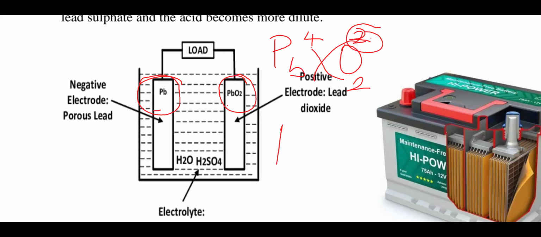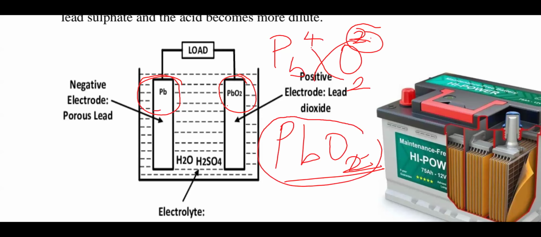Then we come up with lead 4 oxide, PbO2. This lead 4 oxide is the positive electrode. The lead we have from here itself is what we call the negative electrode.